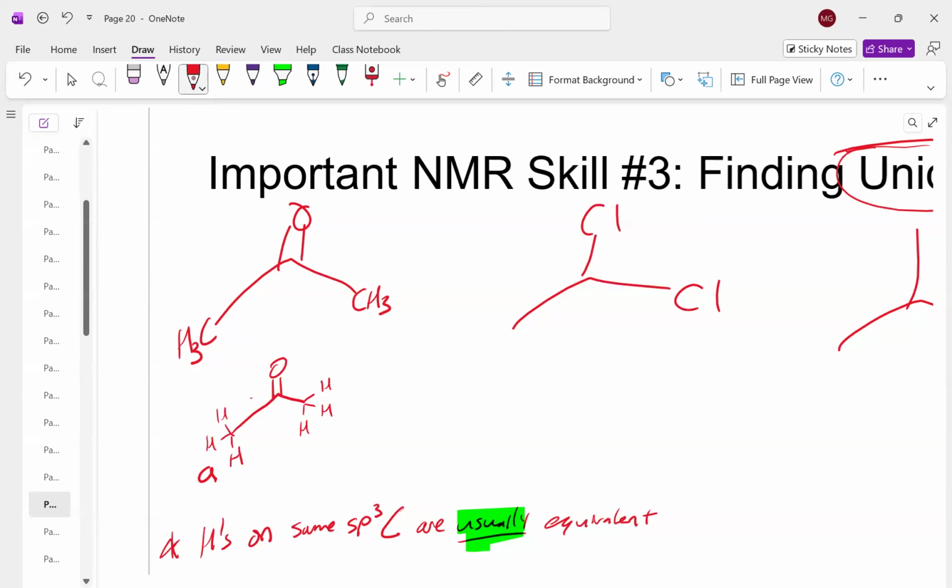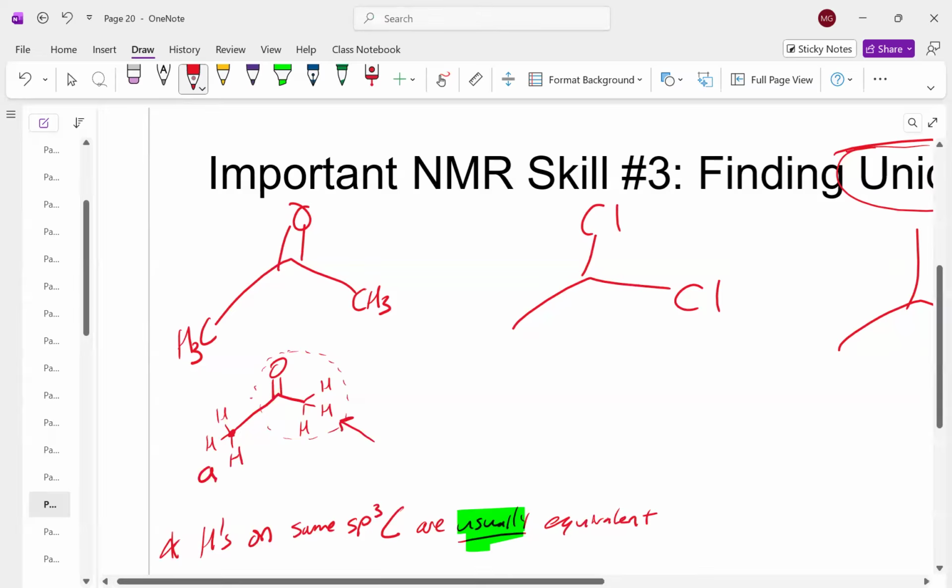Attached to this carbon, which I'll mark with the dot, there's a carbonyl and then another CH3. We did this kind of exercise when we looked at carbon NMR. Now, if I go to the other side, for these three hydrogens, all three of those are equivalent to each other, but are they the same as A?